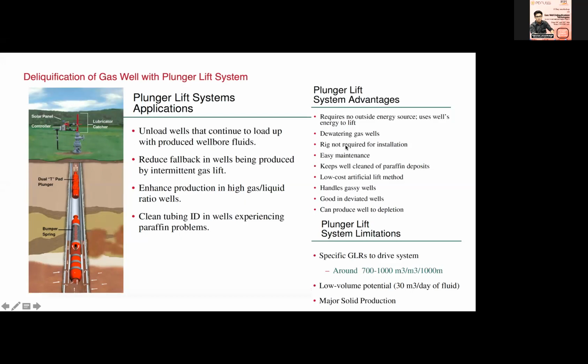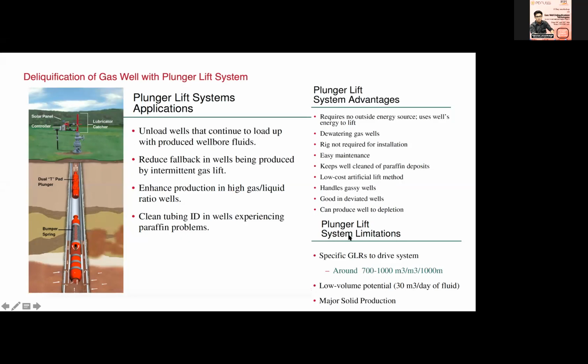No rig is required, so you are installing this plunger lift using your wireline, which I will be explaining later on. This is a low cost artificial lift method, and it can handle gassy wells. It can also be used in deviated wells.